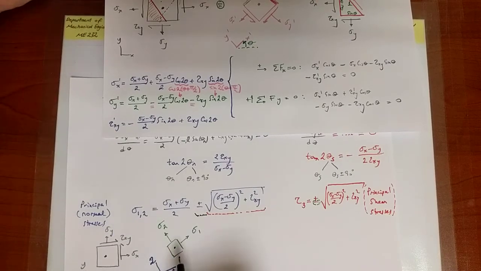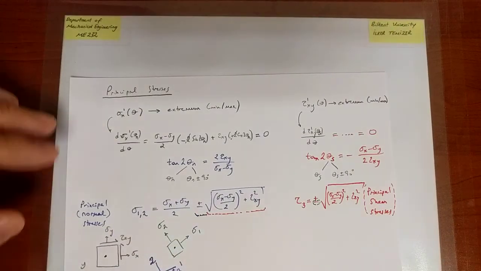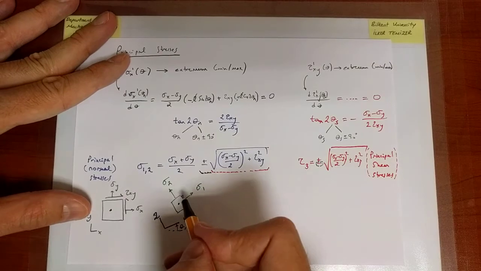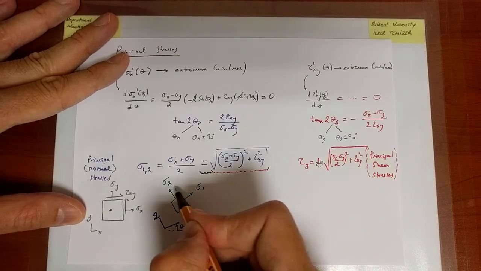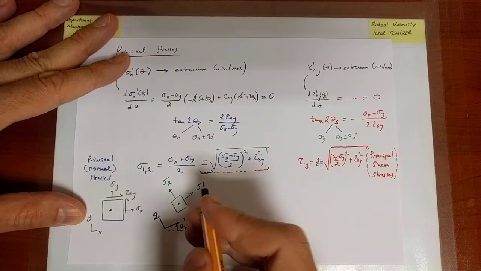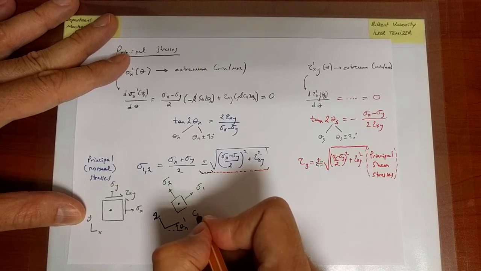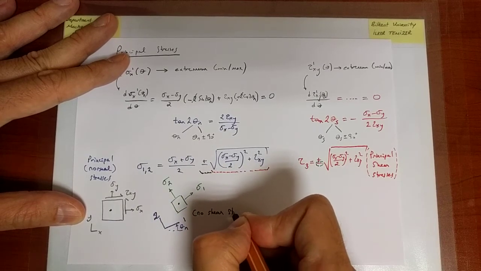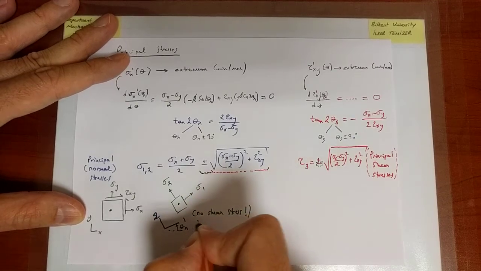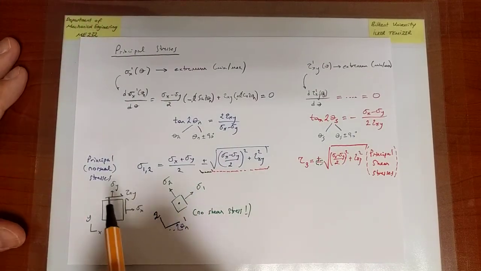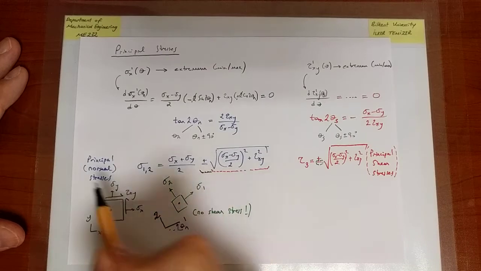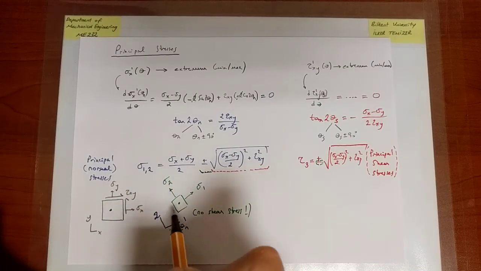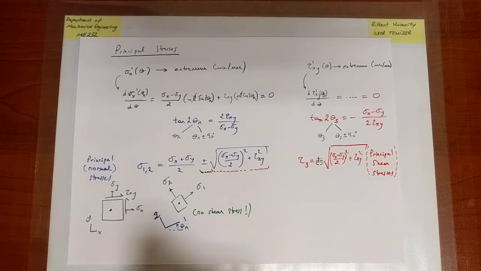Okay? So on the plane where there is a maximum normal stress, on those planes associated with that picture, there is no shear stress. We have to keep that in mind. On the plane with maximum and minimum principal normal stresses, we have no shear stress.